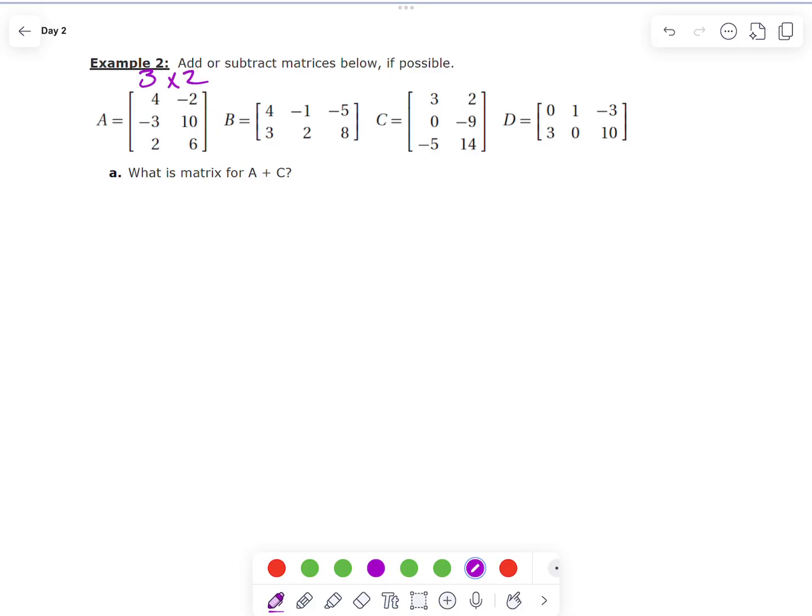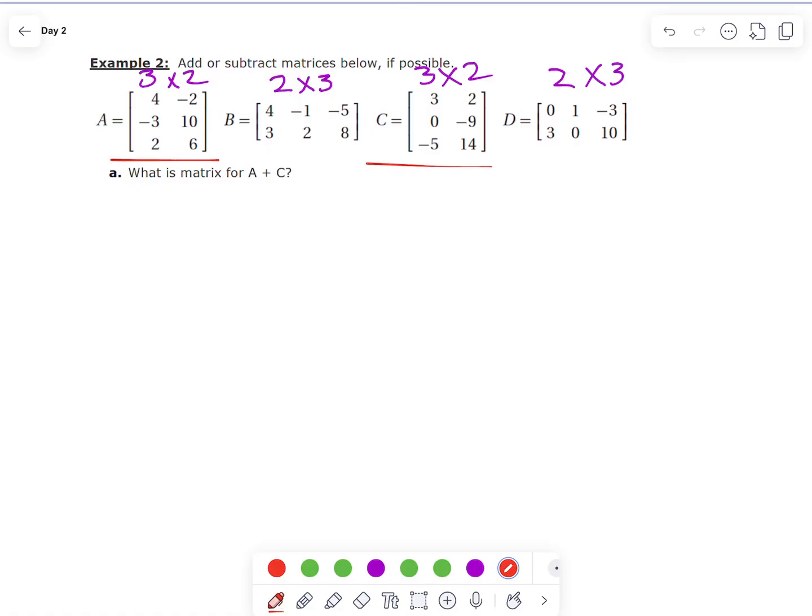Matrix B is 2 rows by 3 columns. Matrix C is 3 rows by 2 columns. And matrix D is 2 rows by 3 columns.